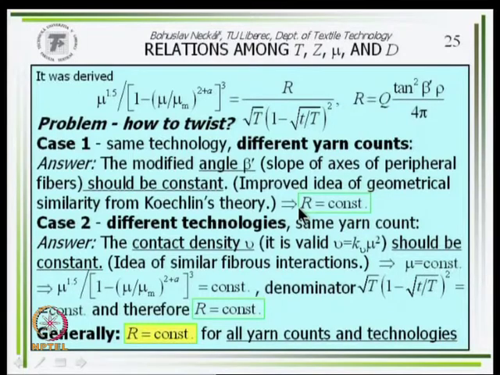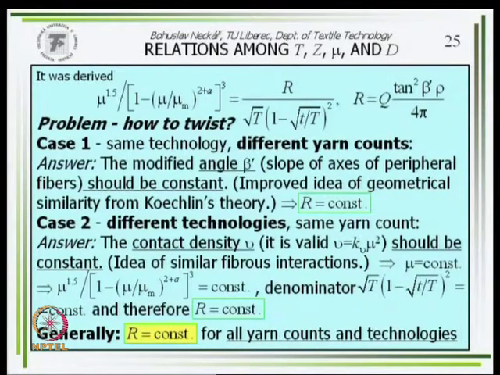A resulting recommendation for such yarns from the same technology and different yarn counts: R shall be constant. For suitable twisting, R must be constant.